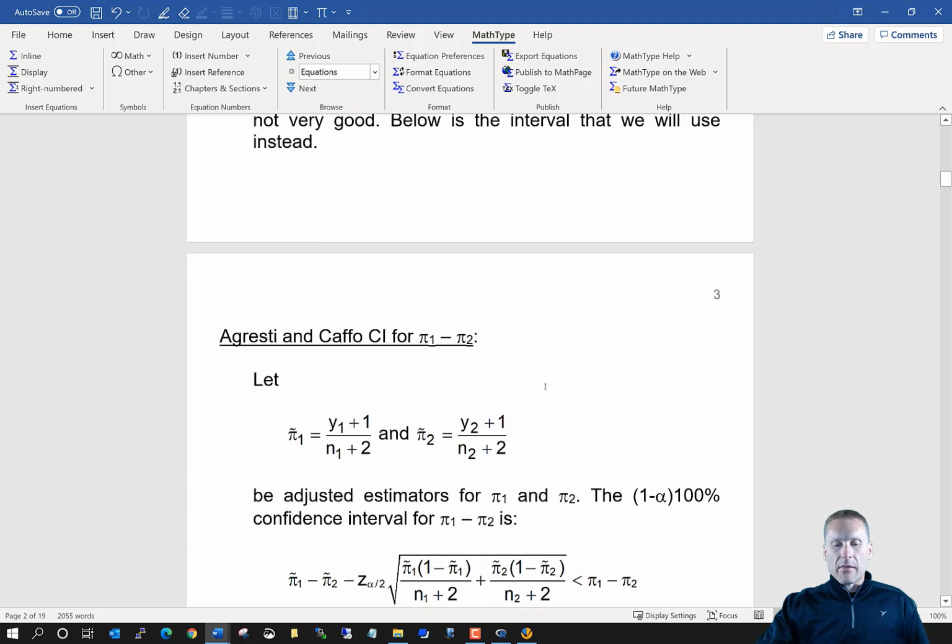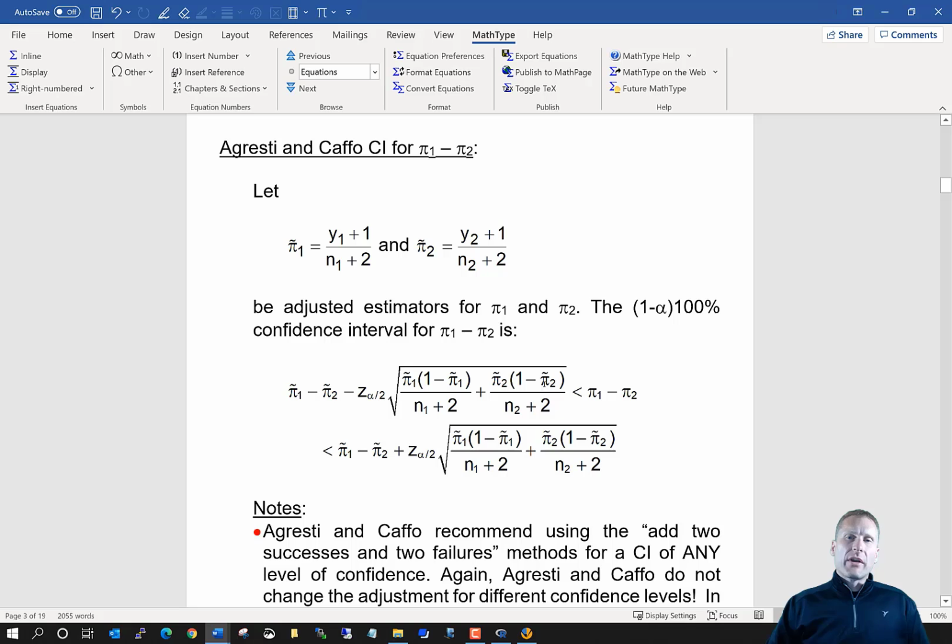Okay. So what we're going to use instead is what's called the Agresti and Caffo confidence interval. The name Agresti should sound familiar because we used the Agresti-Coull interval when we were dealing with one proportion. So Alan Agresti is now a retired professor from the University of Florida's Department of Statistics. He's very well thought of in terms of being a statistician.